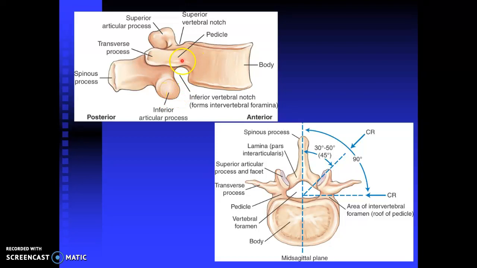The pedicle is what projects posteriorly from the vertebral body, which you can see here from the superior view, followed by the transverse process, then the superior articular process with its facet that articulates with the inferior articular process of the vertebra that sits superior. We also have the lamina, and in between the articular processes we have the pars interarticularis.